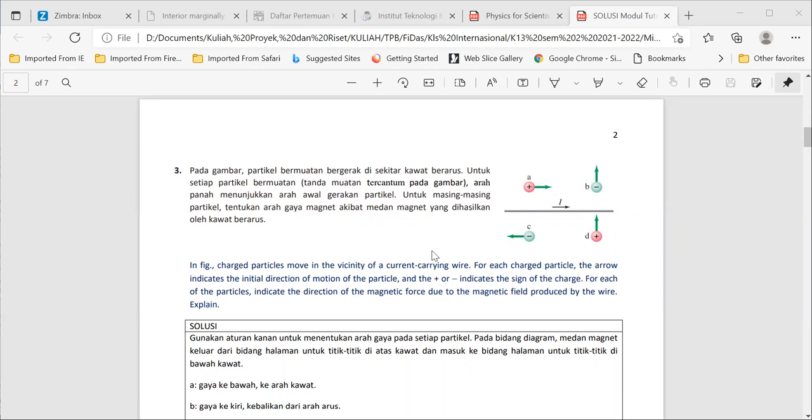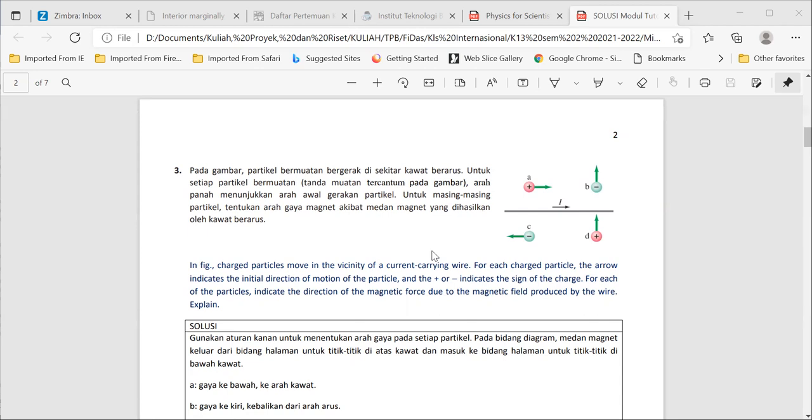A is a plus, B is a minus, C is a minus, D is a plus. For each particle, determine the direction, indicating the direction of the magnetic force due to the magnetic field produced by the wire.